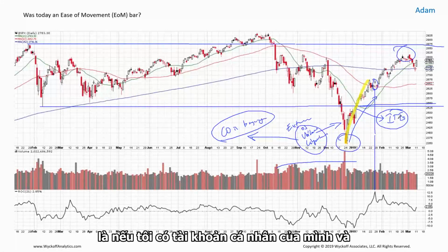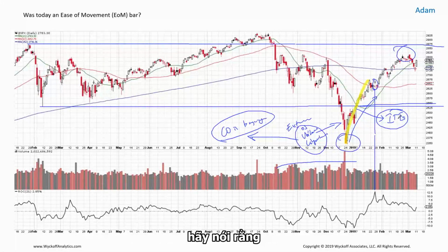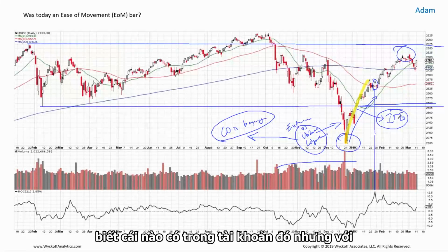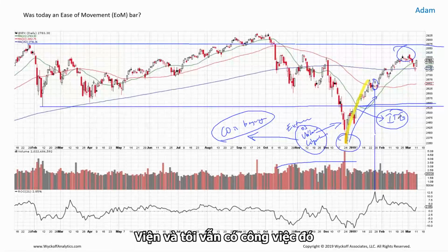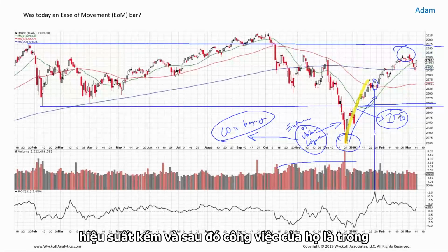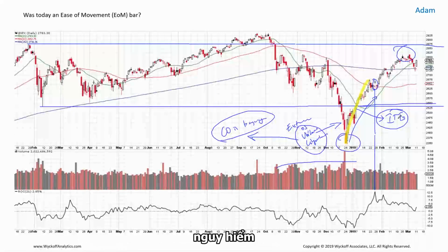If I have my personal account and I lose the money, it doesn't mean I'm going to stop investing or trading in that account, and I still have my job. With institutions, it's different. They produce a bad performance, and then their job is in jeopardy.